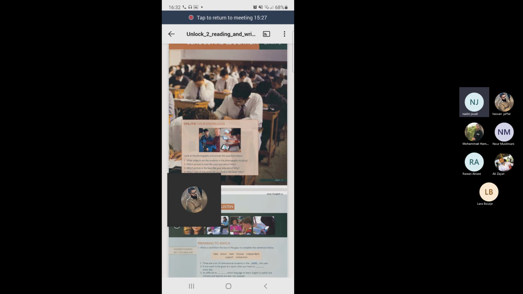Are they putting on jeans? They are putting on, they have the same uniform, most of them. So it's a formal setting, formal uniform. They are putting on their uniform.